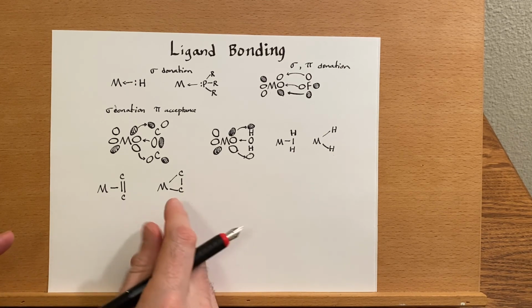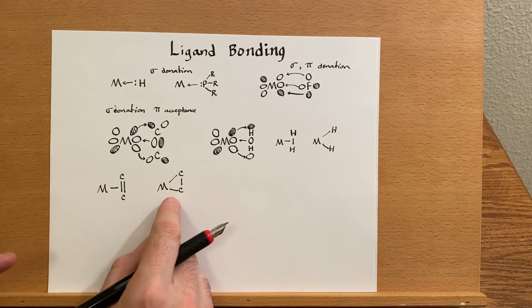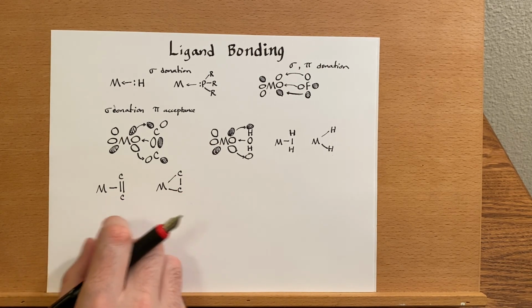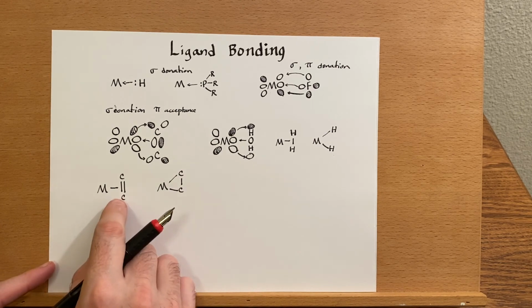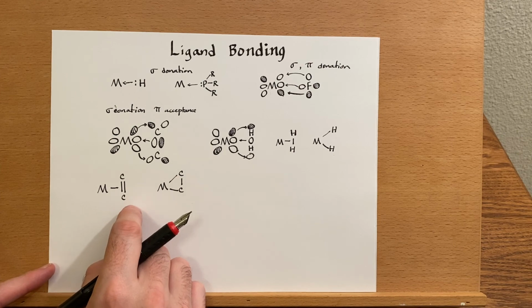This has a name. This is the metallocyclopropane model, and then there's the other model where you have more covalent character in between the two carbons.